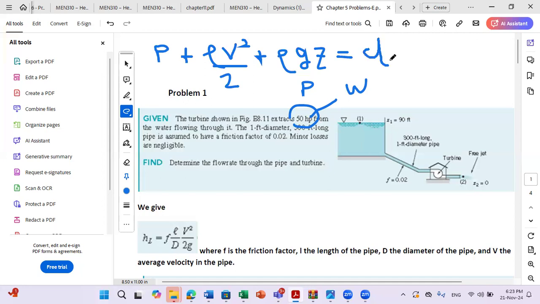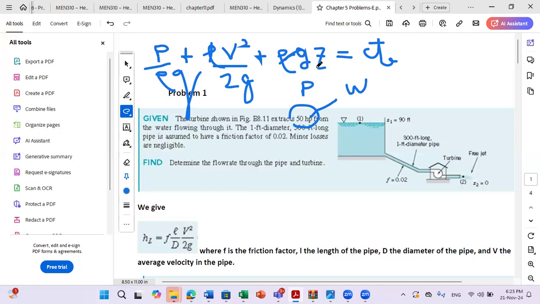Okay? And then all of our terms will have unit of Pascal. Now, if we divide all terms by rho g, the unit will be in meter, and we say that we are considering head of pressure, kinetic energy head, hydrostatic head, etc.